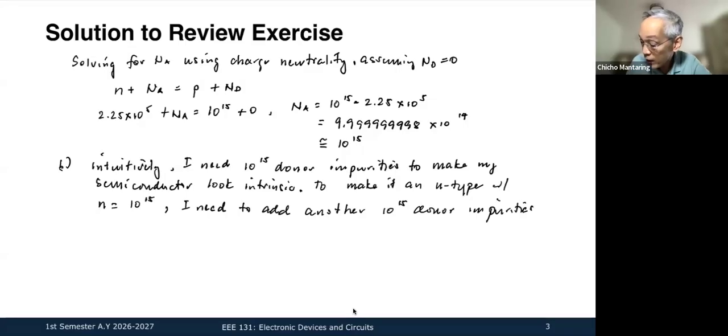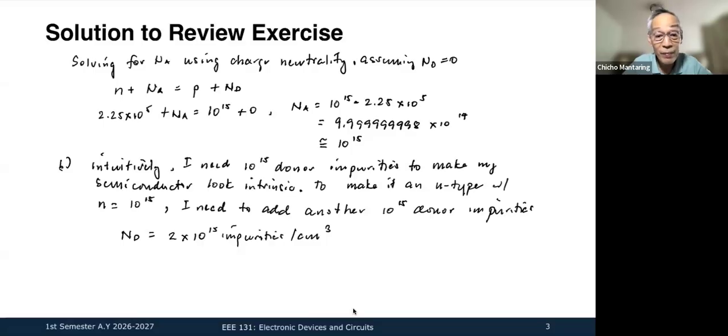Okay? So, in effect, ano yung ND na kailangan ko? 2 times 10 to the 15 impurities per centimeter cube. Any question with regard to that?